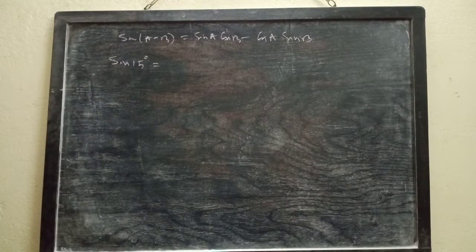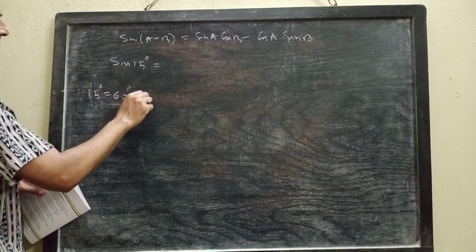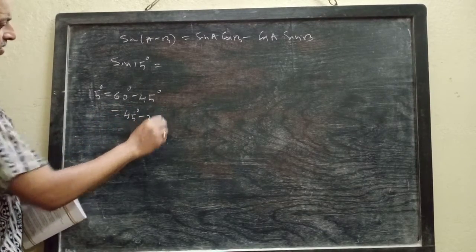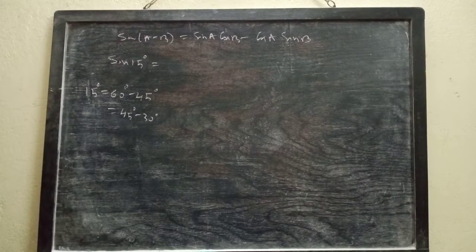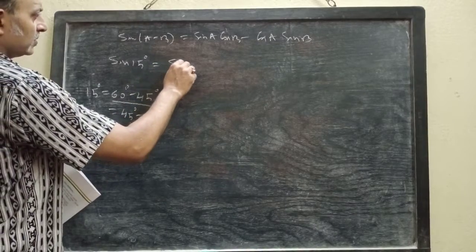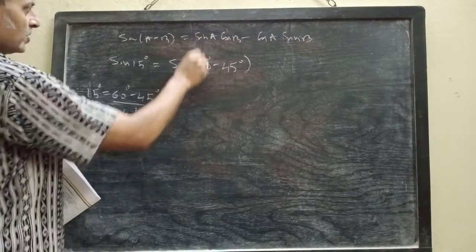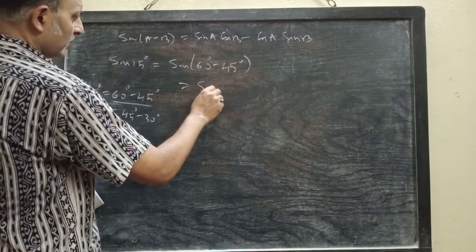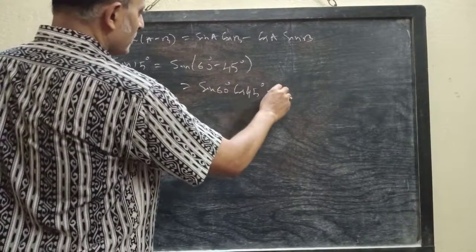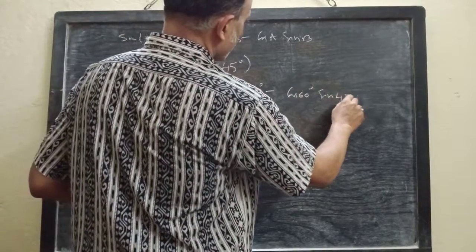You can proceed in two ways. You can write 15 degree as 60 degree minus 45 degree, or you can write it as 45 degree minus 30 degree. In any way you will get the same answer. Let us choose this option. So I am writing sin of 60 degree minus 45 degree. According to this formula, this will be sin 60 degree cos 45 degree minus cos 60 degree sin 45 degree.